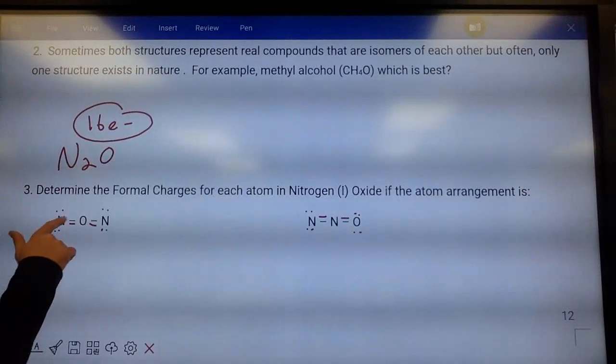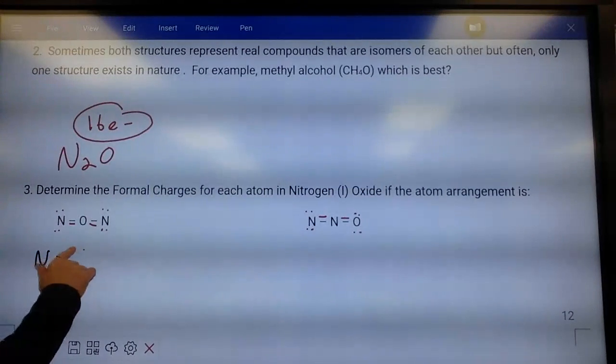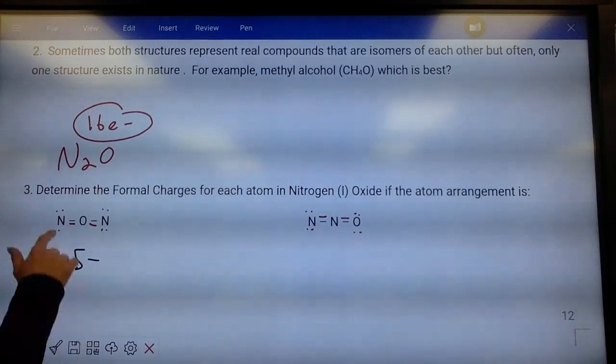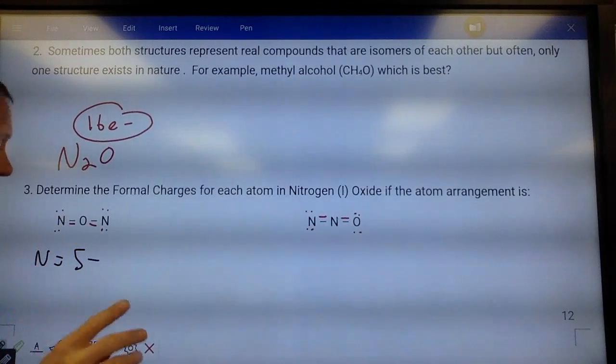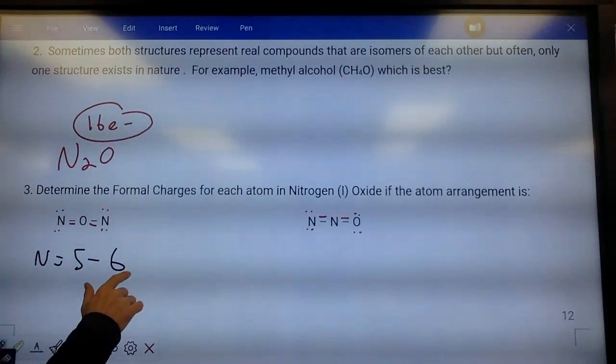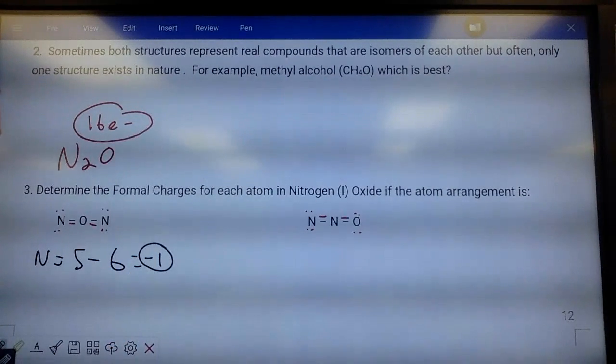So here, our nitrogens would have the same formal charge. So nitrogen would equal its 5 valence electrons minus 1, 2, 3, 4, 5, 6. 4 dots, 2 bonds. So nitrogen is a negative 1.